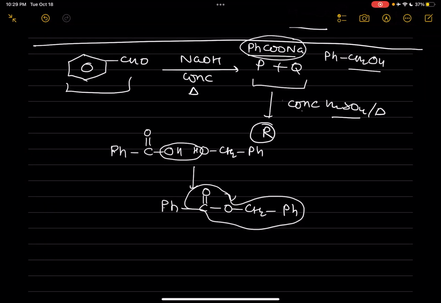What is the physical characteristic of esters which makes them very famous? We all love esters. Why? They have a fruity smell. Exactly, esters have a fruity smell.